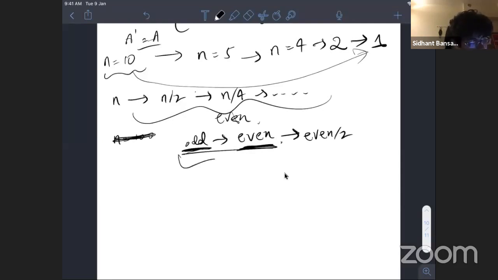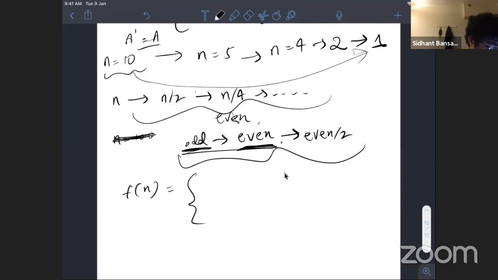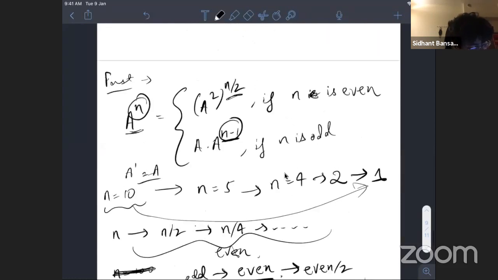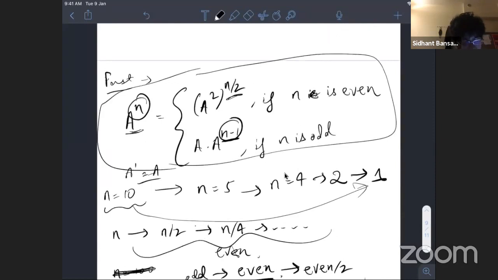So in consecutive 2 steps, let's say this is the function, f of n is equal to n by 2 if n is even, and n minus 1 if n is odd. I'm just trying to show you that doing this recursively is pretty fast, that you can actually drop this exponent pretty quickly.